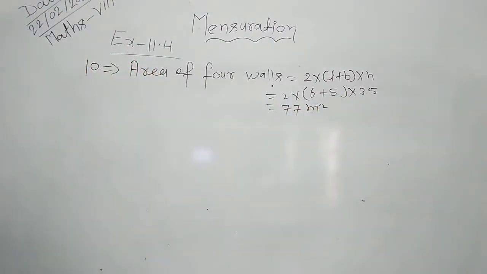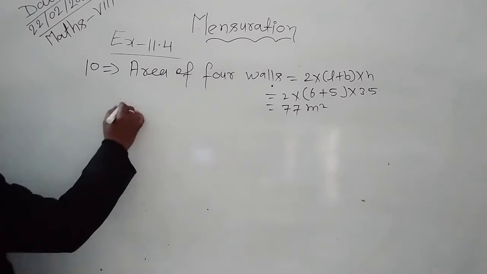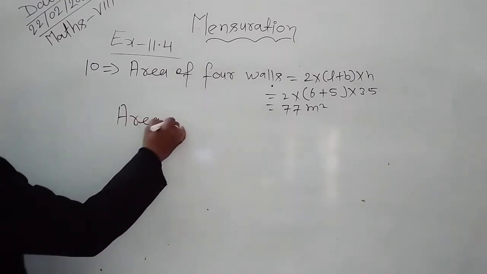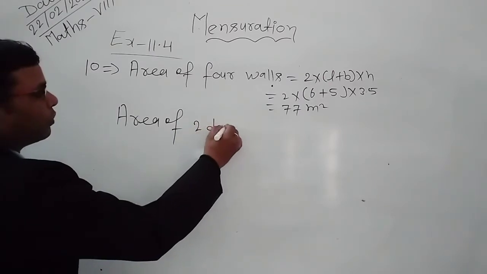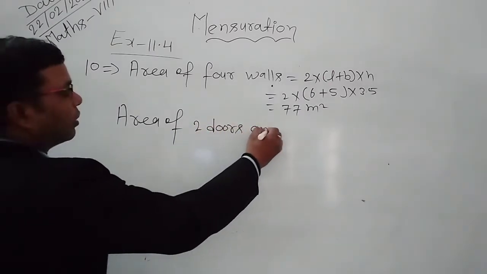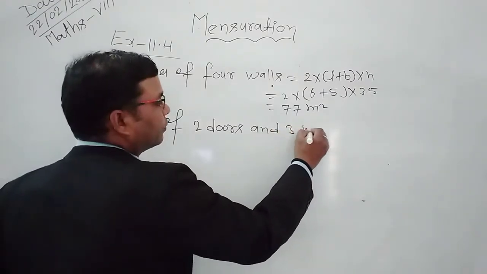Okay. Now after this we find area of 2 doors and 3 windows.